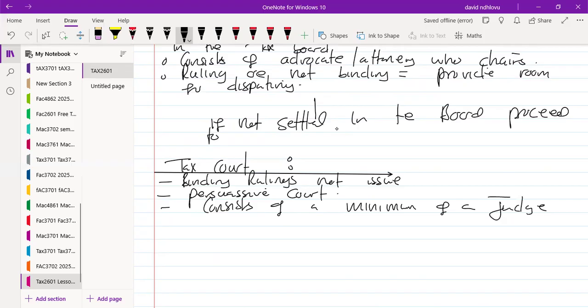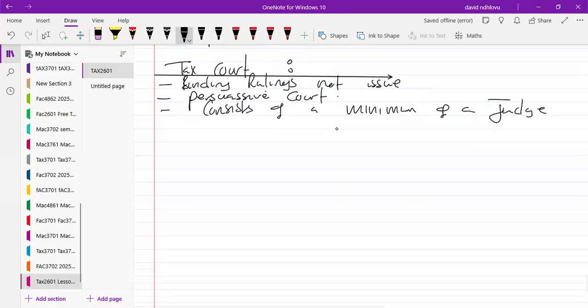So here it simply means that SARS now brings in a judge to come and sit in and hear the case and make his judgment. But the judgment is not binding. If the parties agree to it, then it's fine. It's all the better. But if they don't agree, then they take it now to the High Court.